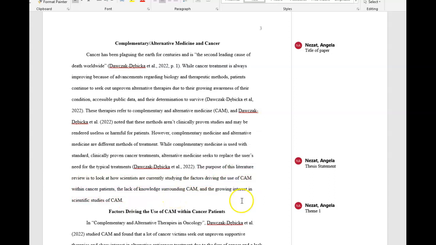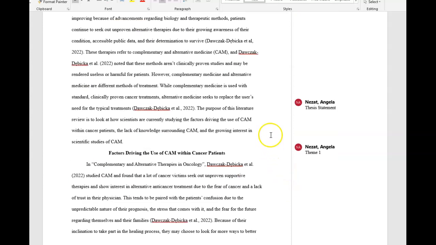So there's the first theme or concept or area, the lack of knowledge surrounding CAM, and third, the growing interest in scientific studies of CAM. So this thesis statement is very plain, it's very clear. We understand what this research question is, and we understand the 3 areas of organization.